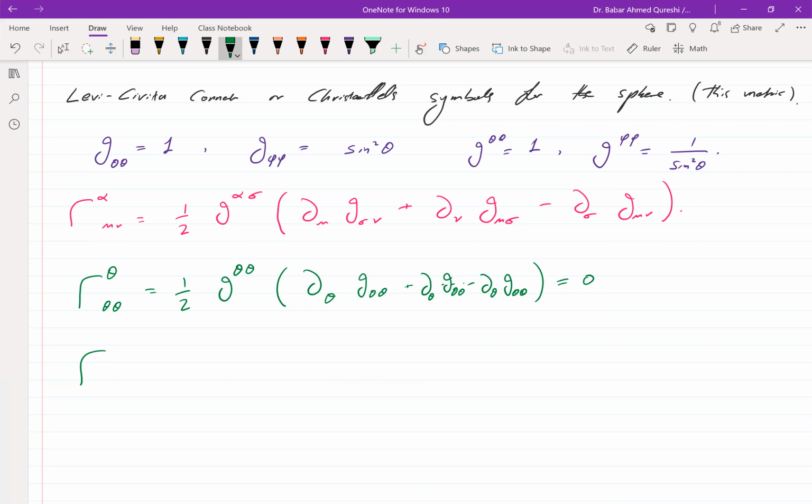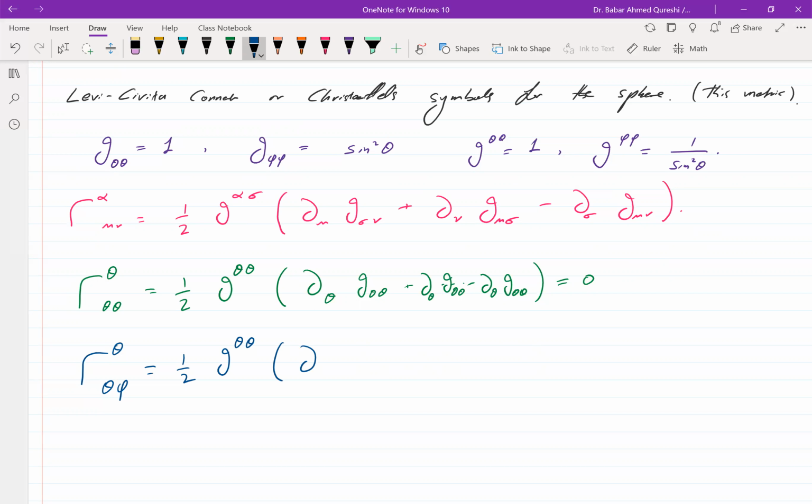Then I have gamma theta theta phi, let me use some other color. This is half g theta theta.